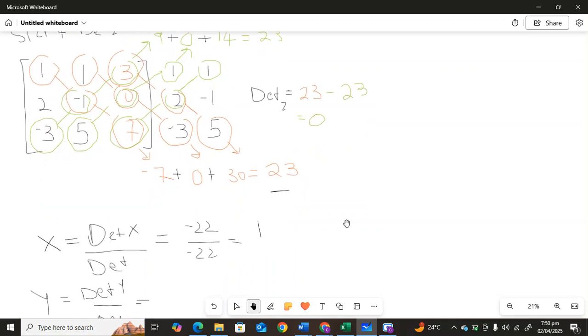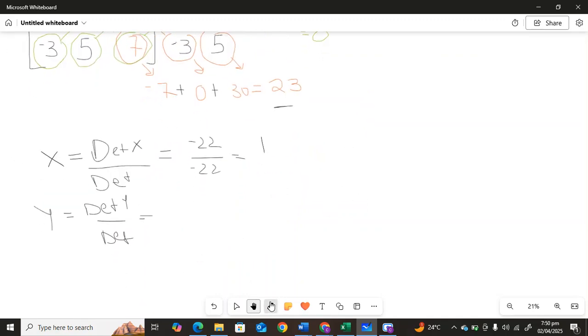So negative 44 divided by our overall determinant, negative 22, gives us positive 2. Okay. So our value for Y is 2.